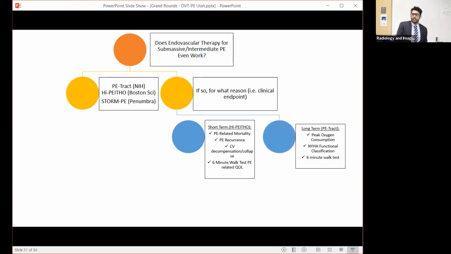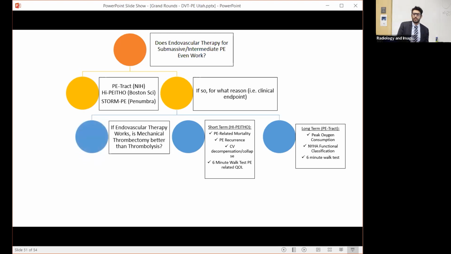If you look at the PE-TRACT objectives, they have some long-term outcomes that will also be relevant: peak oxygen consumption, New York Heart Association functional classification, and also the 6-minute walk test. So they'll be looking at these outcomes and hopefully find something outside of just mortality that we can say is improved with endovascular therapies.